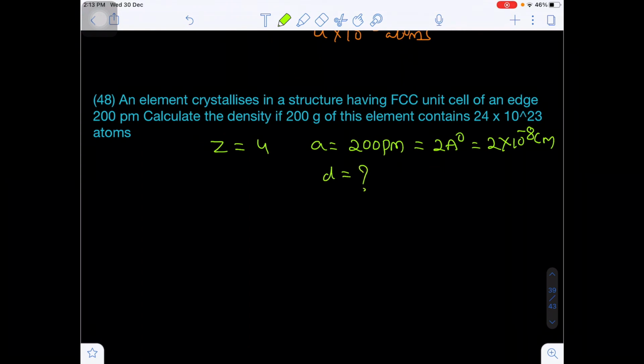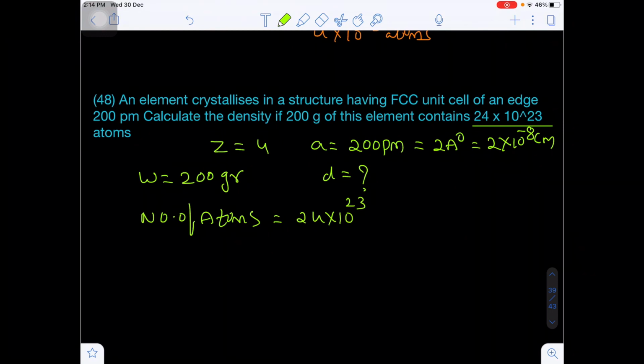And what is the weight of the element given here? 200 grams. Okay, and how many atoms will be present? That will be the number of atoms, 24 into 10 raised to 23.